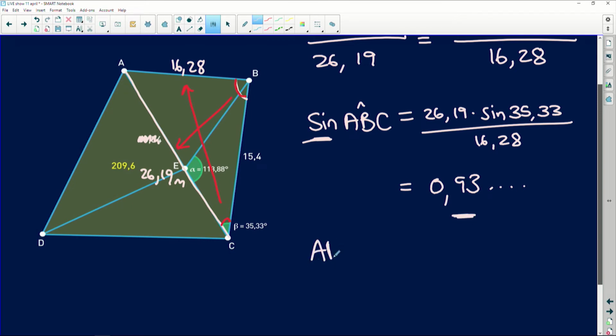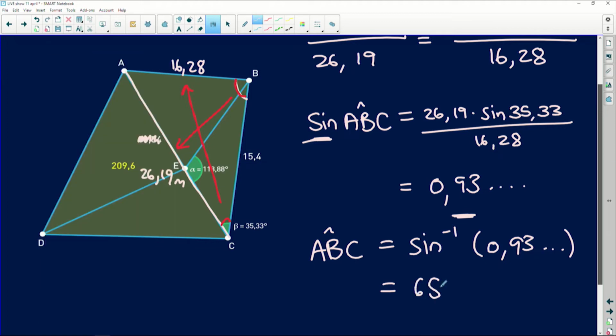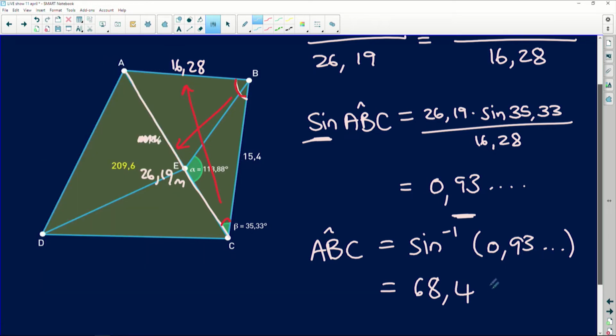So we say ABC is equal to arc sine of 0,93 dot dot dot. And we get, okay, second function sine, the answer we just worked out. And that gives us 68,48. And that is that angle there.